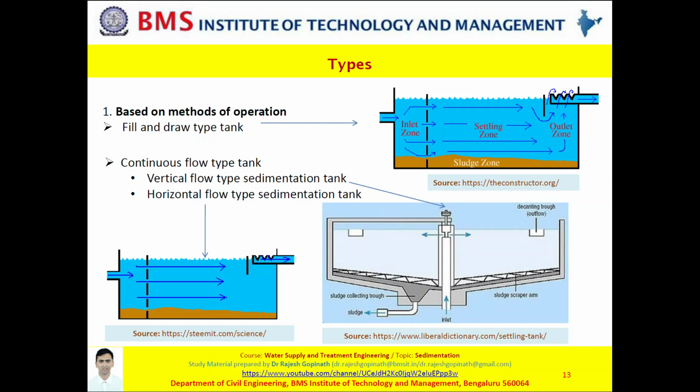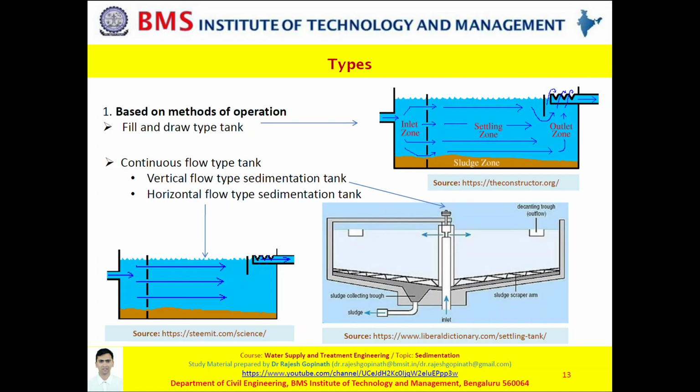Moving on, let's look at the image on the right hand bottom corner, that is your vertical flow sedimentation tank. Here the water enters the sedimentation tank in a vertical fashion. Unlike your horizontal flow, which is rectangular shaped tanks, vertical flow type sedimentation tanks are usually circular in shape. Also, a hopper bottom is provided at the bottom of the tank to collect the sludge.